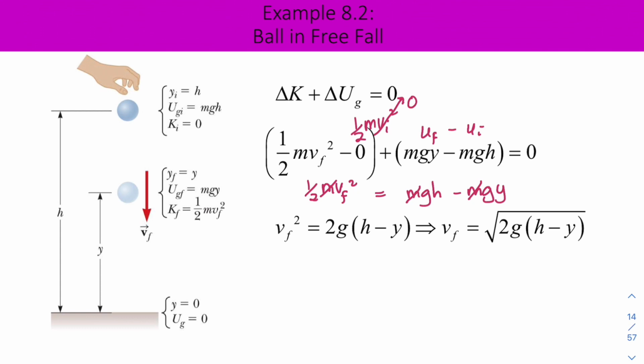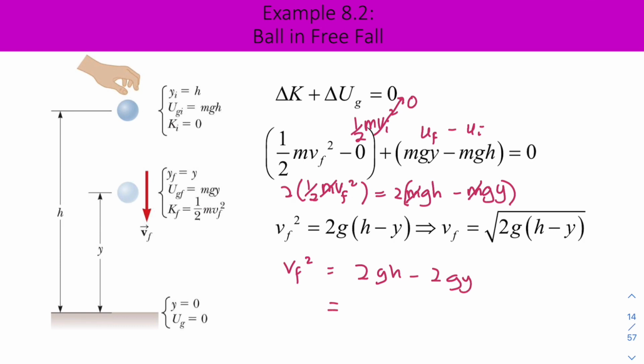So we can simplify the terms. Cancel that part. Then multiply both sides by 2. Then you are going to have V final squared equivalent to 2gh minus 2gy.